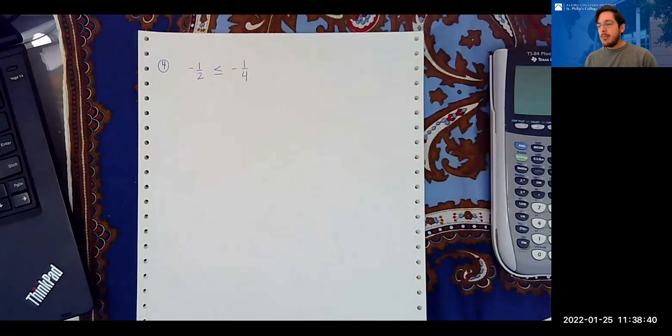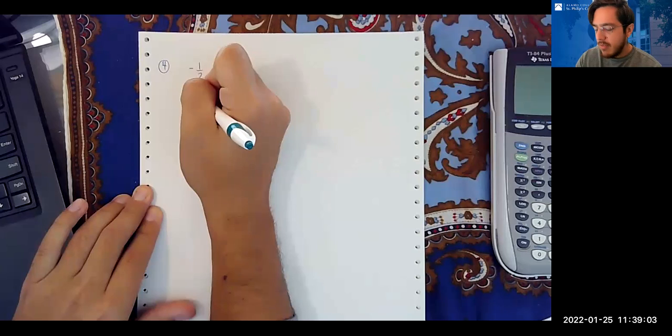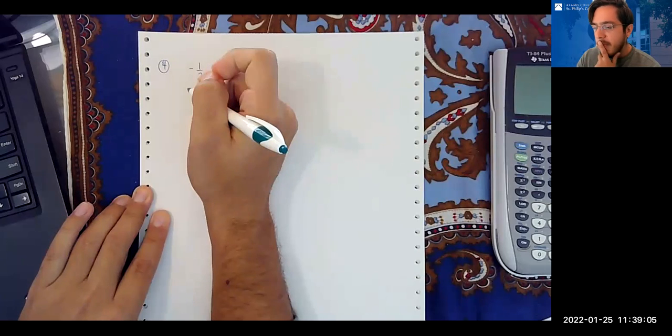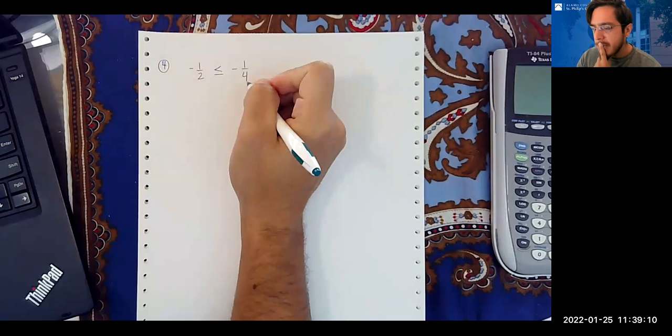No, it's not true. Okay. How did you figure that out? Because 1/2, if we're talking about money wise, would be like half of 1, but 1/4 would be number wise more, but if we're talking about negatives, less.